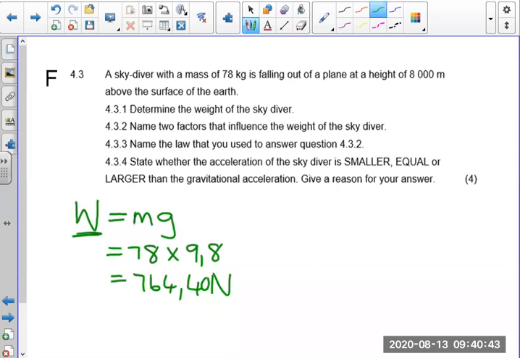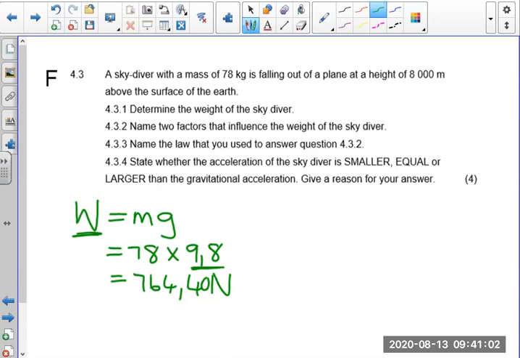My mass is going to be 150 kilograms. But my weight can change because the weight is determined by the planet that you are on, the gravitational acceleration of the planet.